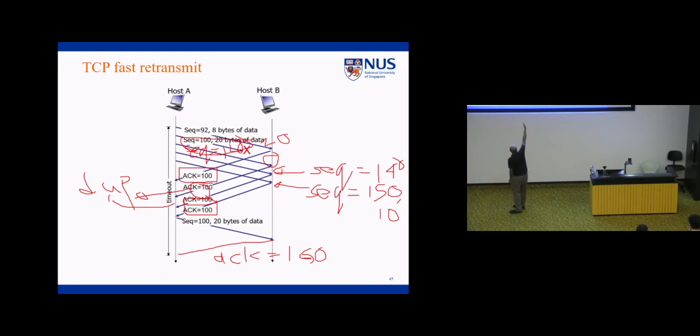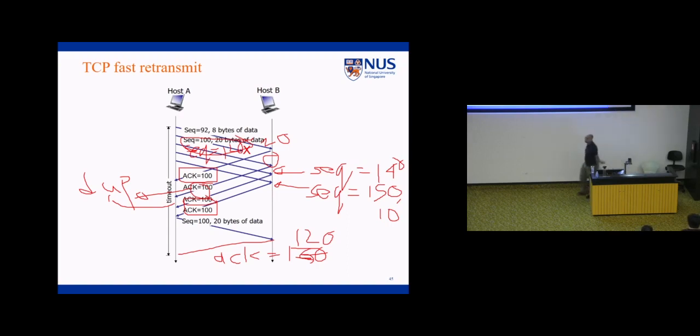Let's say B's implementation was such that if I get an out-of-sequence packet, I'm going to throw it away. In that case, this would have said 120, because the other 3 packets have been thrown away. So now it will move on to 120.